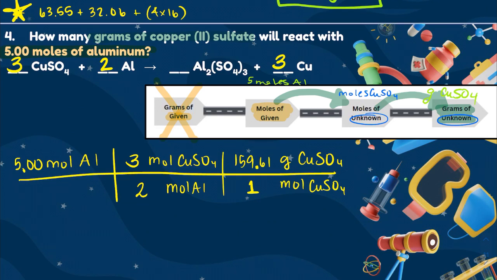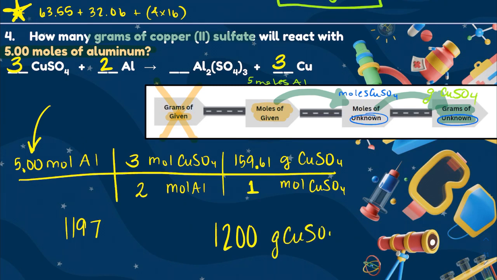My answer in my calculator is 1,197. I'm going to round this off to fewer sig figs because I only started with 3. I'm actually going to call this 1,200. That's only 2 sig figs. I'm not going to go into how to make it 3 sig figs because this is not advanced chemistry. So we're going to round it off to 1,200, and that would be grams of CuSO4.